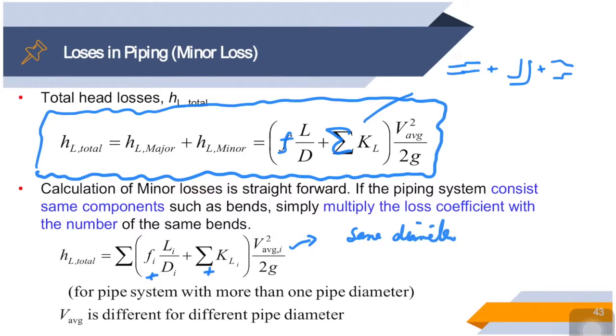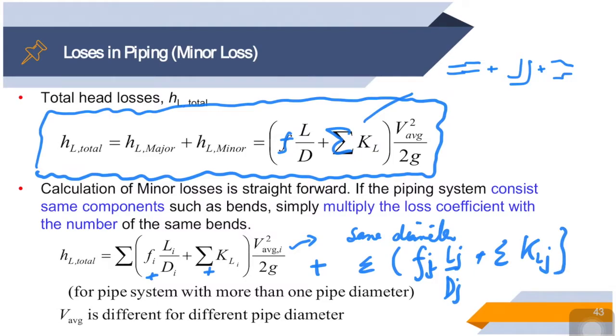Okay, so if I've got a system which has a different diameter, then I need to use a separate formula; let's say this becomes j, and then Lj over Dj plus the summation of all those minor components which are attached to that system. So this is valid for, let's say, a piping system where I've got the same diameter but different joints.